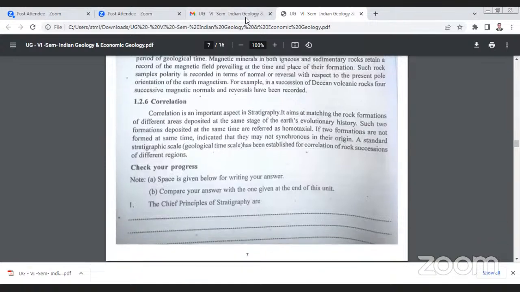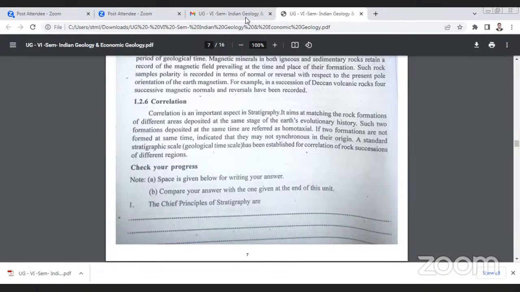What about correlation? Correlation is an important aspect of stratigraphy, which aims at matching the rock formations of different areas deposited at the same stage of the earth's evolutionary history. Two such formations deposited at the same time are known as homotaxial.